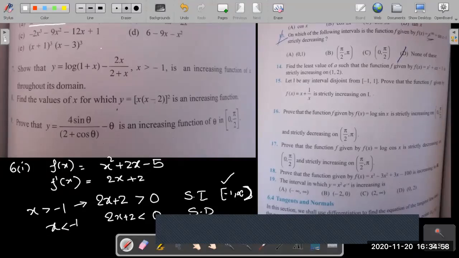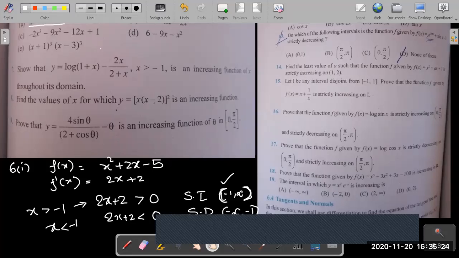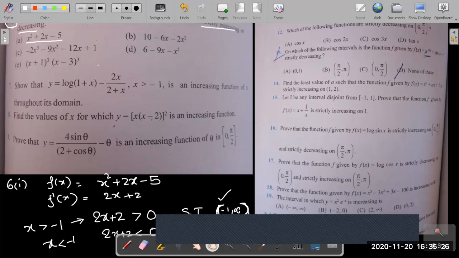And for less than minus 1, that means minus infinity up to minus 1. Whether minus 1 is included or not included, in this case also minus 1 is not included, so both are curved brackets only. So this is the answer for the first question, that is A.